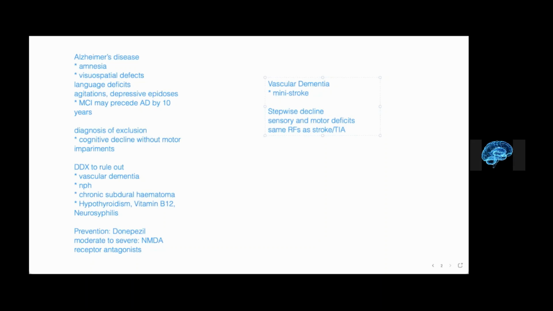So, criteria for diagnosing vascular dementia is 2 or more of the following. First, focal neurological signs on examination.